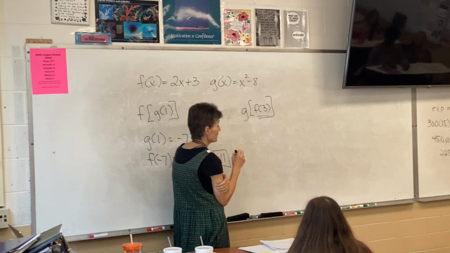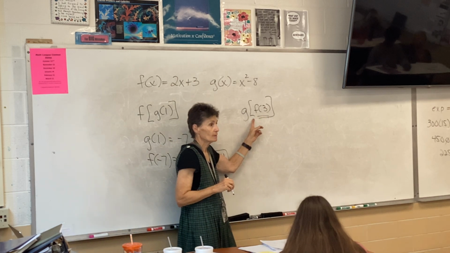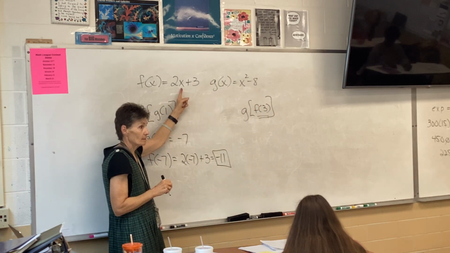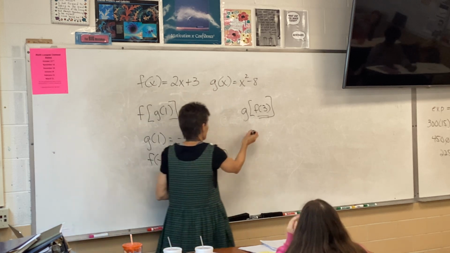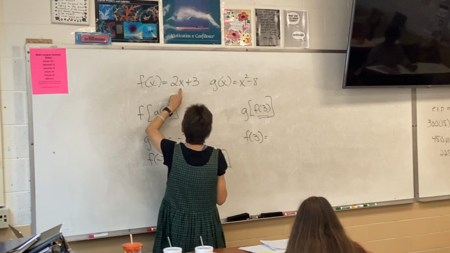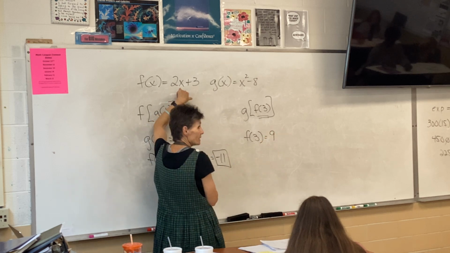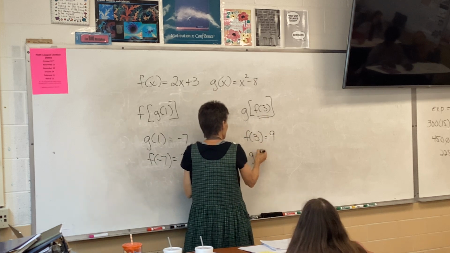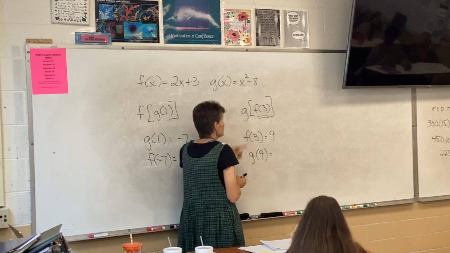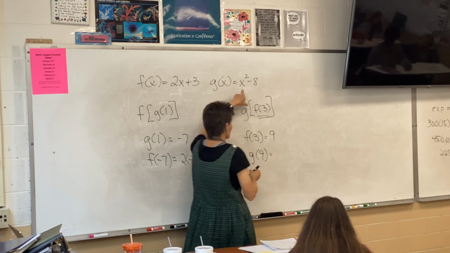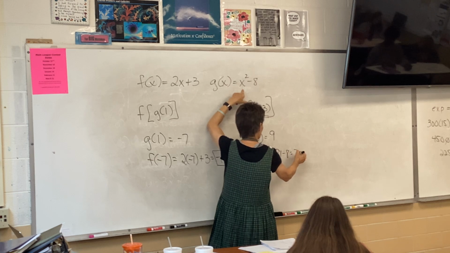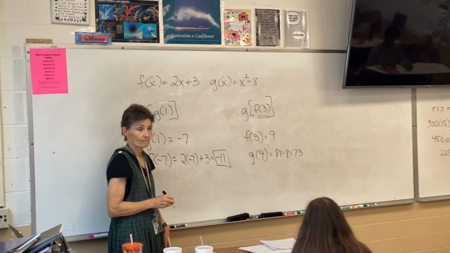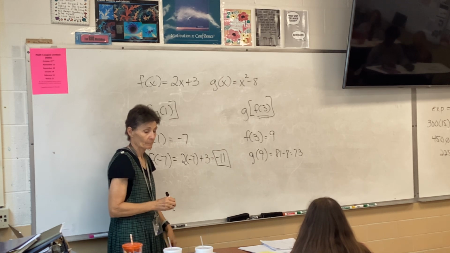So we're gonna plug 3 into f. So wherever you see an x, put in 3. So f of 3 is going to be what? 9. 2 times 3 plus 3, 9. Then take that 9 and put it into g. So we get 81 minus 8, 73. Okay? All right.